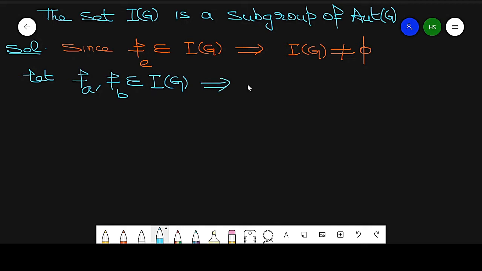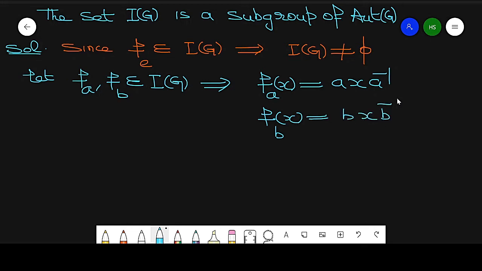What it means is f_a(x) is a x a inverse, and f_b(x) is b x b inverse, for every x belonging to G. Now to prove subgroup, my aim is to show that f_a f_b belongs to this set, and f_b inverse belongs to this set. First I prove f_a f_b of x.